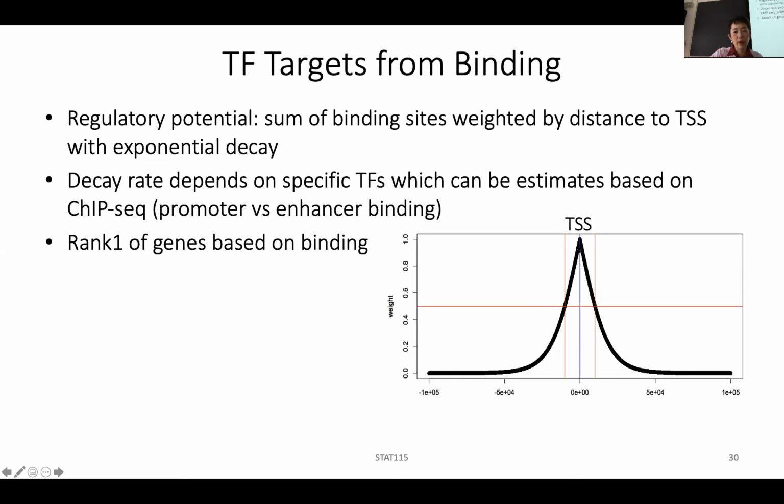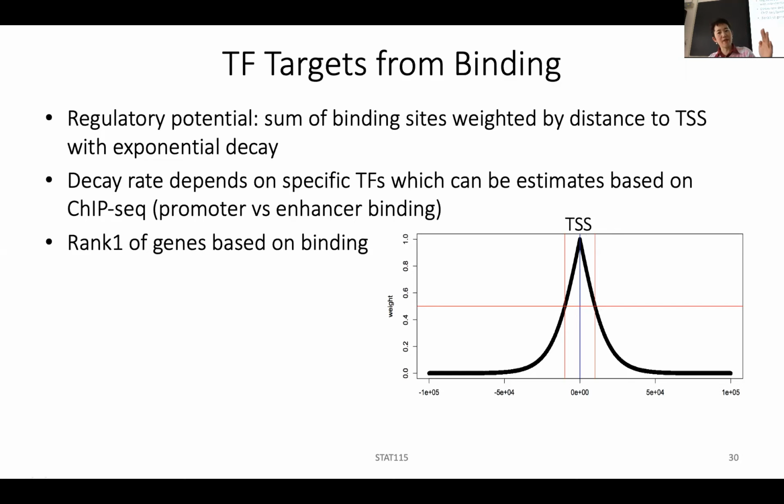And this is weighted by this exponential decay, which means, for example, if the decay distance is 10, actually for a lot of transcription factors, we use a decay distance of 10 kb, which means that if a transcription factor binds right on the transcription start site, that counts as one binding site. But if it binds 10 kb away, it will only be half.